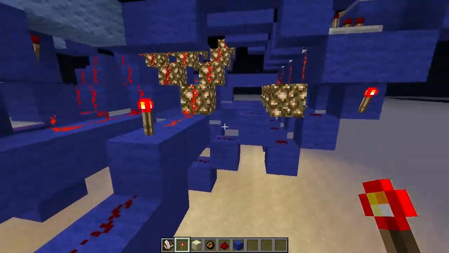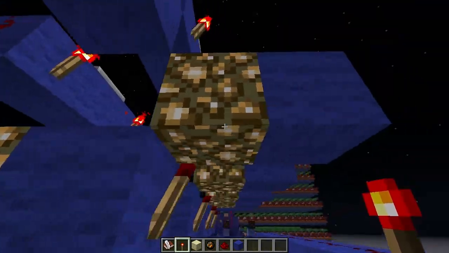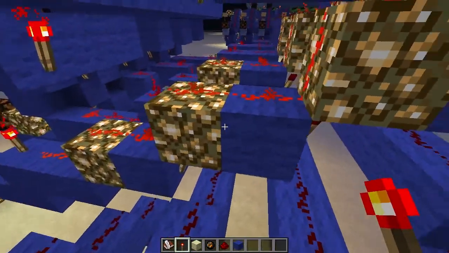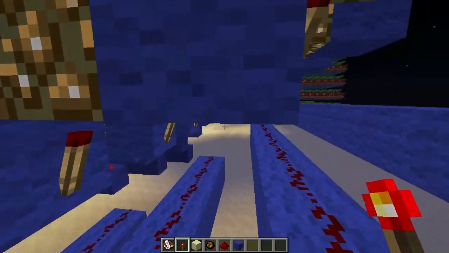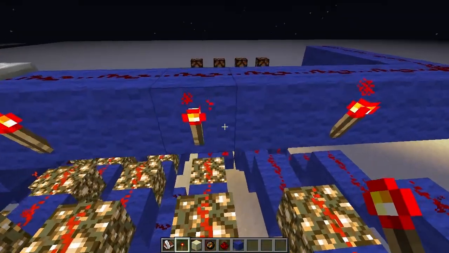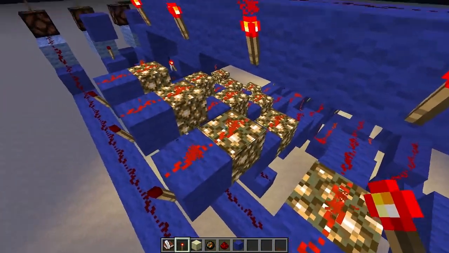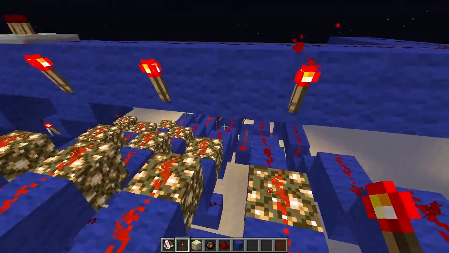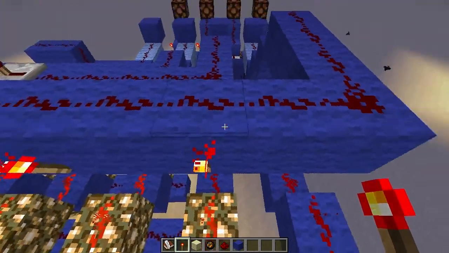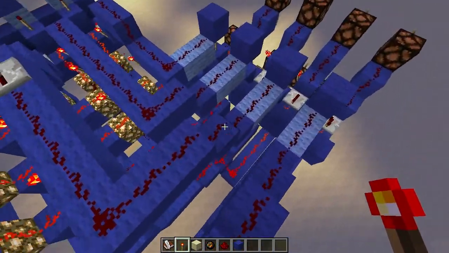So let's see. The first problem is easily solved, straightforward, just make it go up all the way. Pretty simple, huh? The second problem is even easier. Just get rid of those repeaters. You can't place them like that. Get rid of those repeaters and put a bunch of torches, which would require our top bus to be inverted.